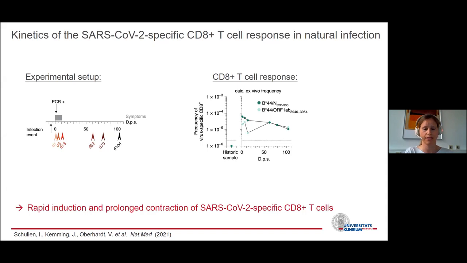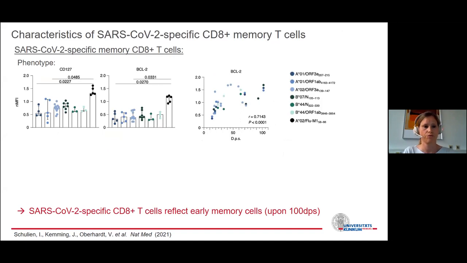Then the CD8 T cell response has a prolonged contraction phase, and we followed it for up to 100 days post-symptom onset. After having seen that the response is rapidly induced and had a prolonged contraction phase, we wondered about the memory or the early memory of the CD8 T cells.